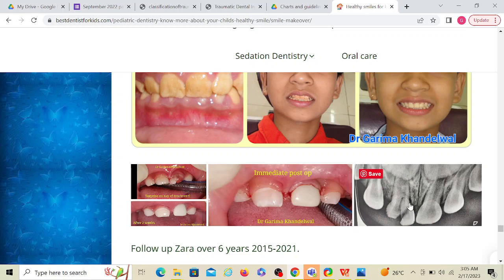Now I was left with this part and a little bit of fracture of the enamel, dentine, pulp, and the root. So I did a full pulpectomy of this tooth, and then I put zinc oxide eugenol as an obturating cement, and I put a post here, cemented with GIC.